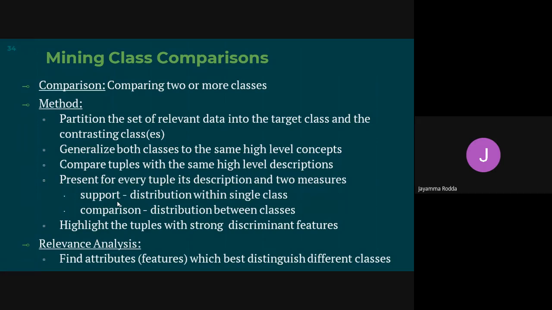Support means distribution within a single class, whereas comparison means distribution between classes. Support is measured within a class, whereas comparison is done between different classes. These are the two measures we have to take into consideration whenever we compare two tuples.